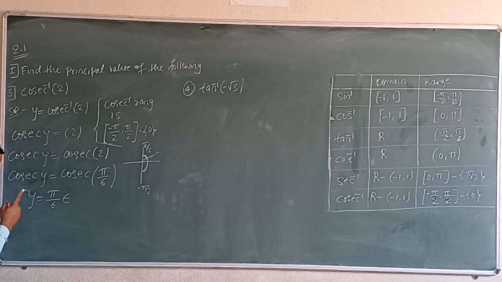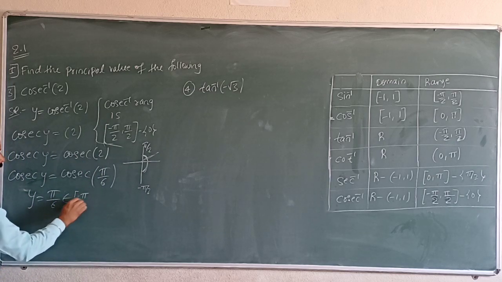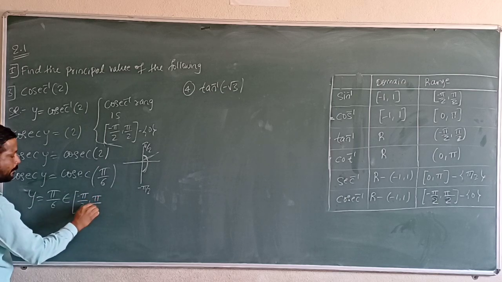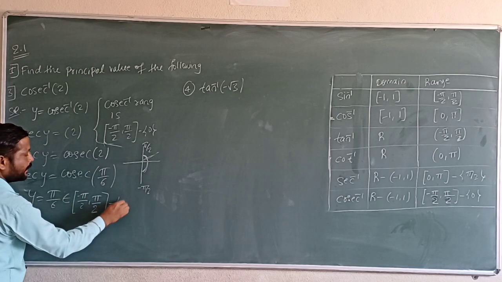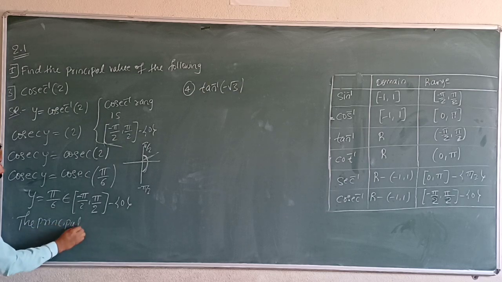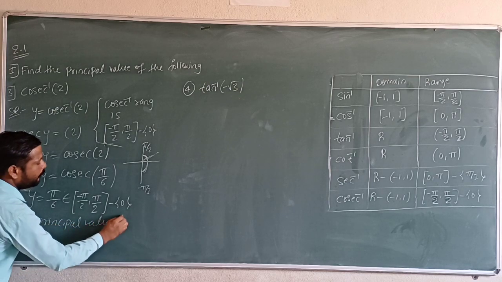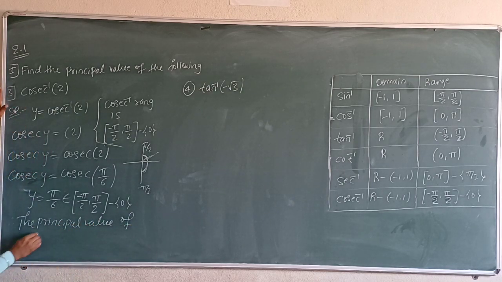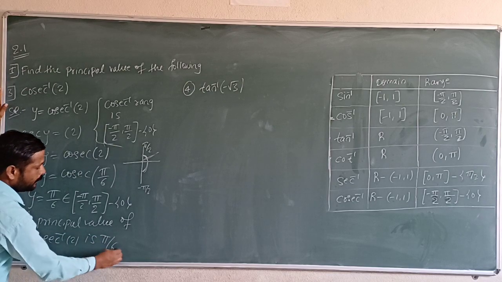So y is equal to pi by 6 belongs to minus pi by 2 to plus pi by 2, minus of 0. So every time write this sentence: the principal value of cosec inverse 2 is pi by 6.